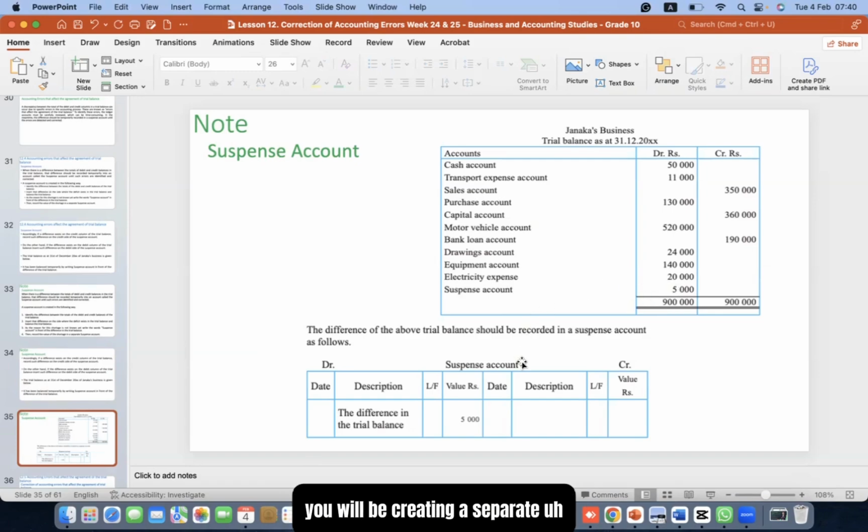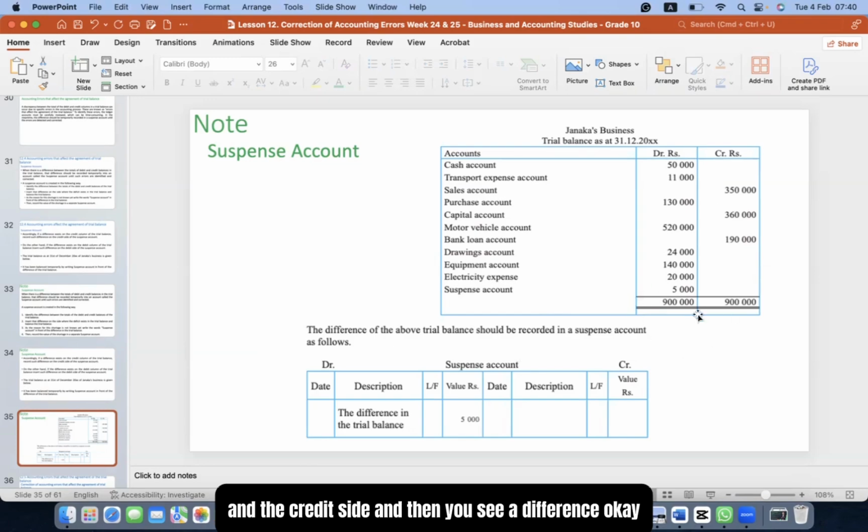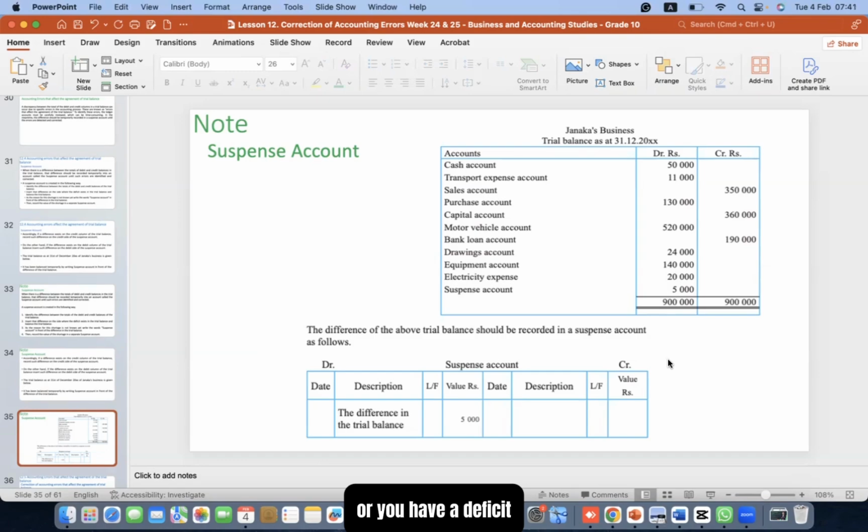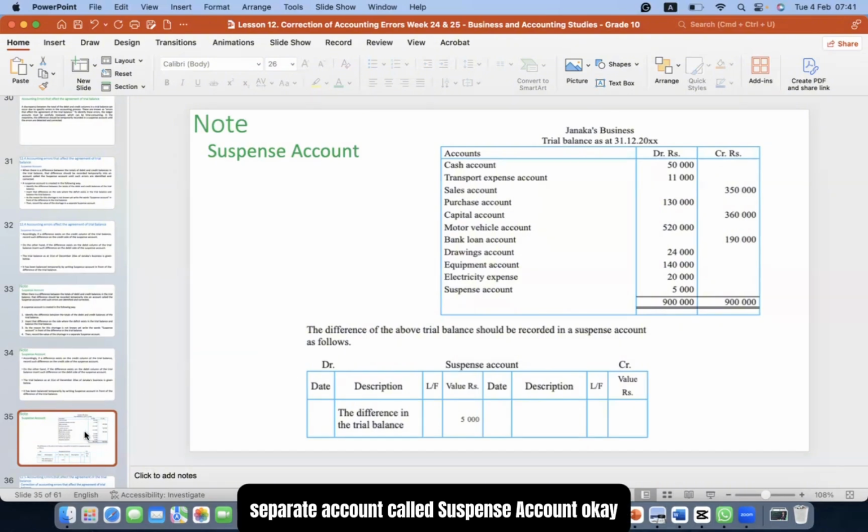On the other hand, you will create a separate ledger account named suspense account. So you check the balances of the debit side and the credit side, and then you see a difference, here 5,000. You record that difference on the side where you have a shortage, name it as suspense account as you do not know the reason, and then create a separate account called suspense account.